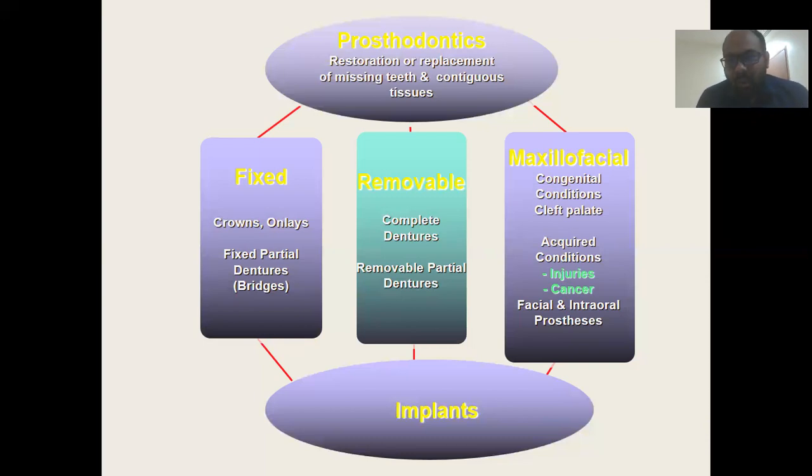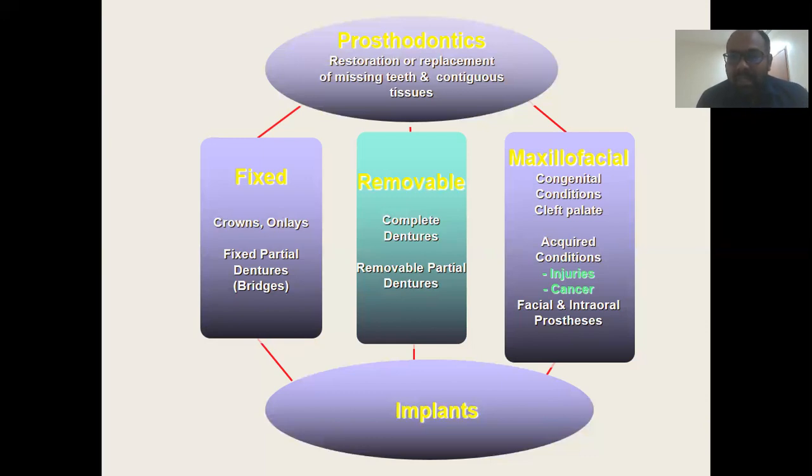And then you have one more branch of prosthodontics, which is called maxillofacial prosthodontics, wherein this branch aims at largely restoring missing facial structures or associated stomatognathic structures. So you have certain congenital conditions, or patients with trauma, or patients post cancer surgery, with a large facial defect or an intraoral defect.